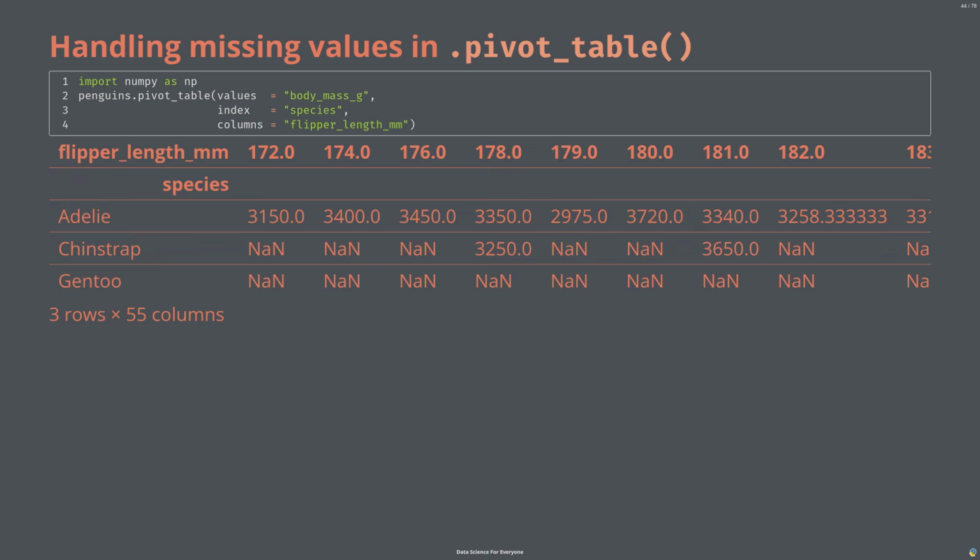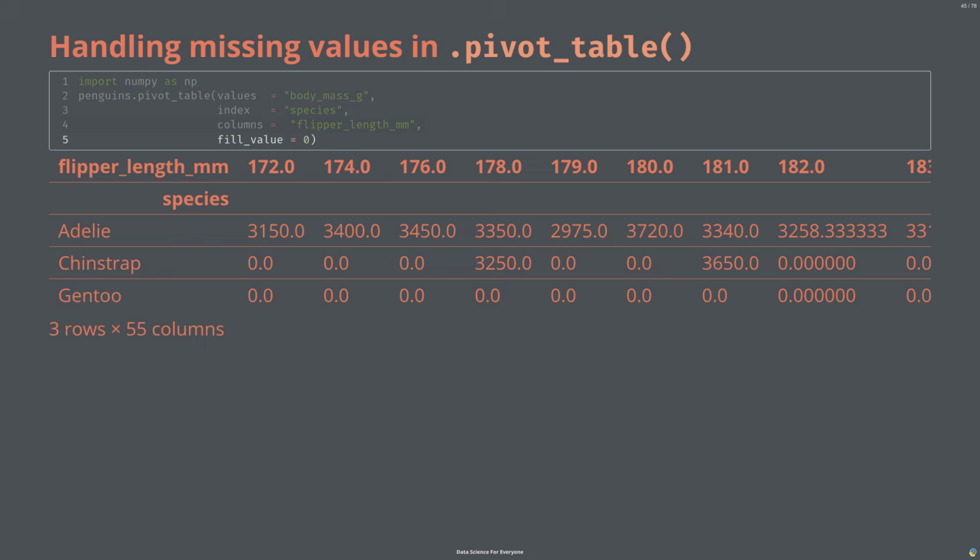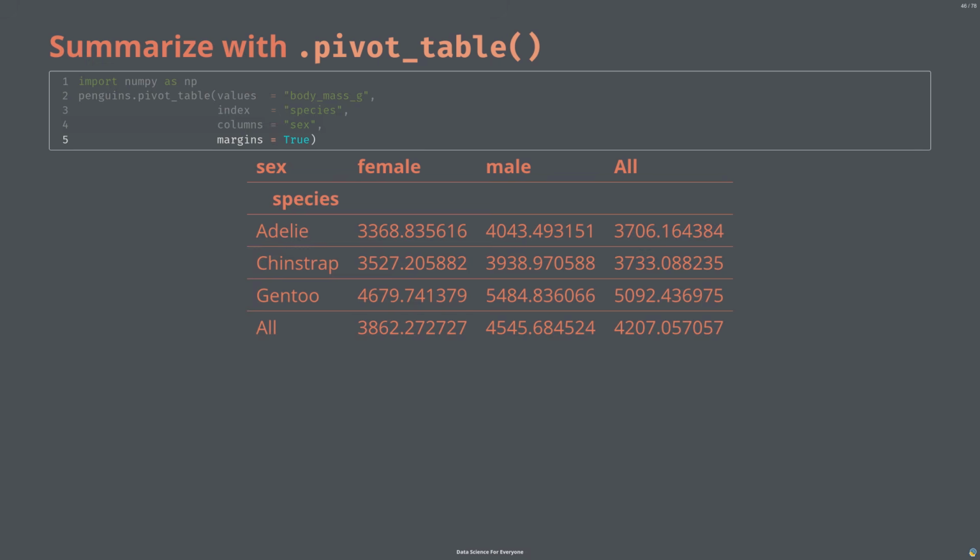Let me demonstrate. As you can see, here we have set the fill value argument to 0, which replaces all NaNs with zeros. If we set the margins argument to true, the pivot table will include an extra row and an extra column that shows the mean for each group, excluding any missing values that were filled in with zeros.